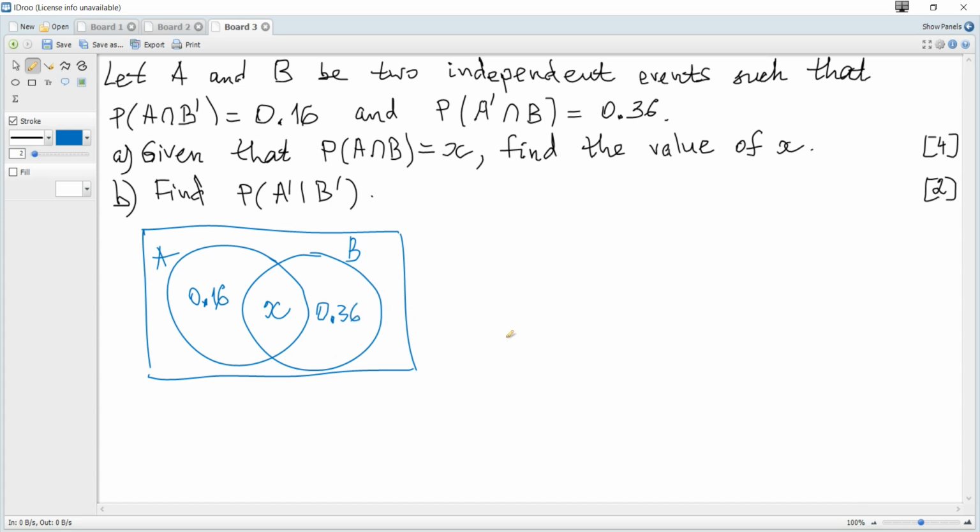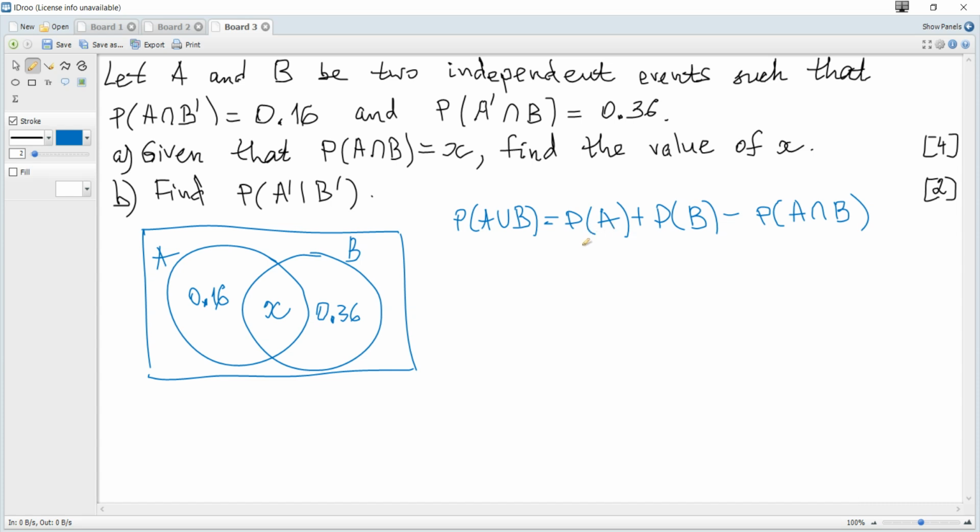And we know a formula: the probability of A or B is equal to the probability of A plus the probability of B minus the probability of A and B. It is given in the data booklet, and we can get an equation in terms of x.